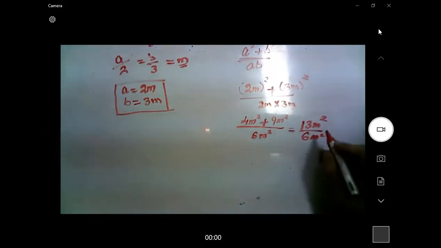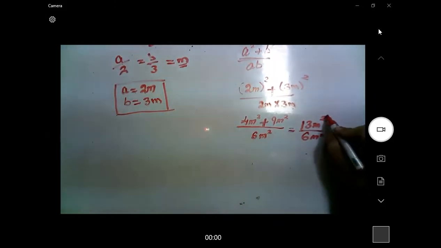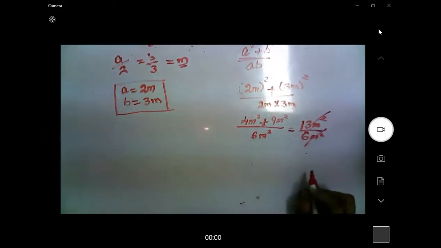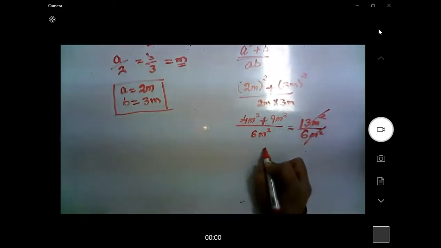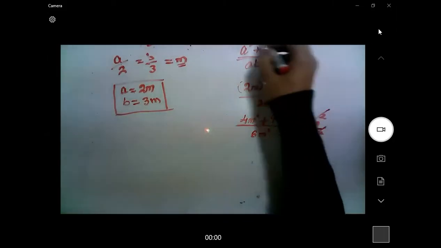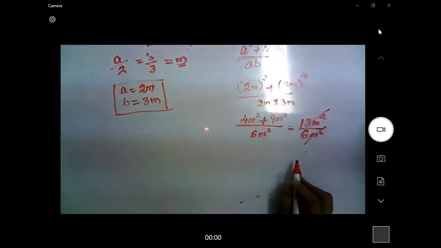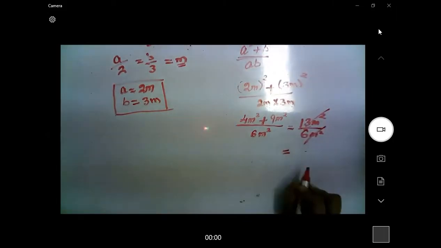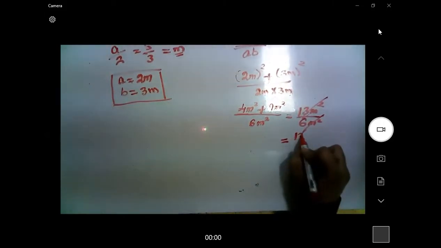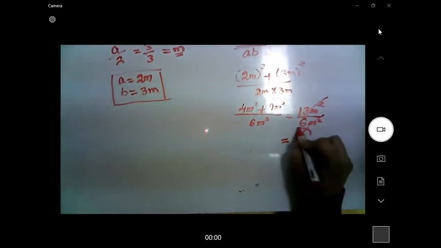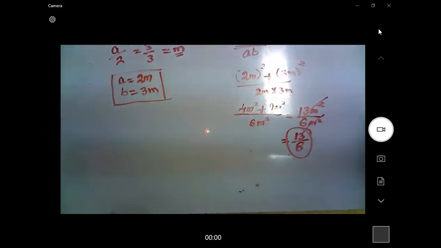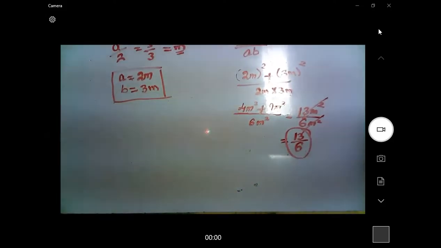So we can reduce this ratio by canceling M squared with M squared. Then the final value of the expression A squared plus B squared over AB is 13 over 6. The final answer.